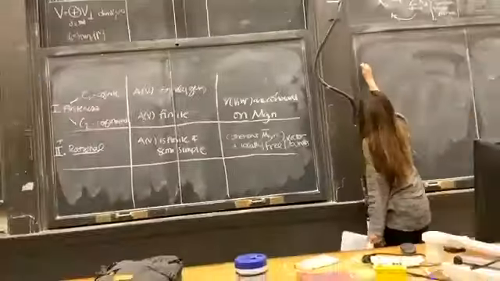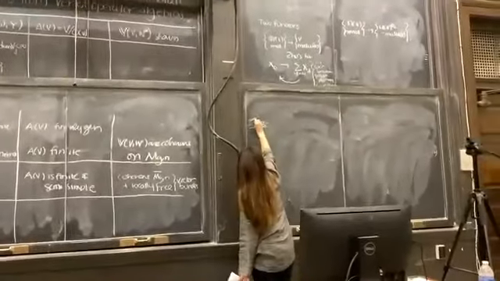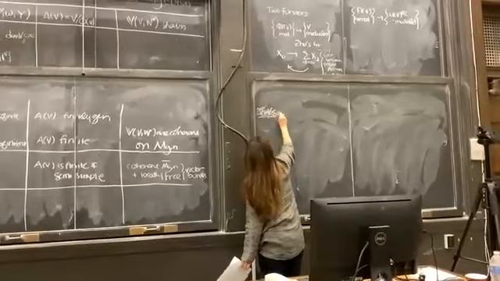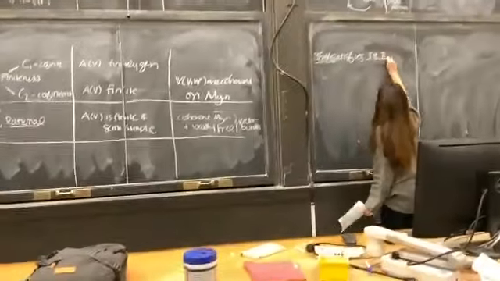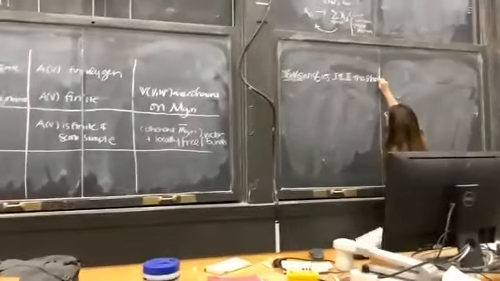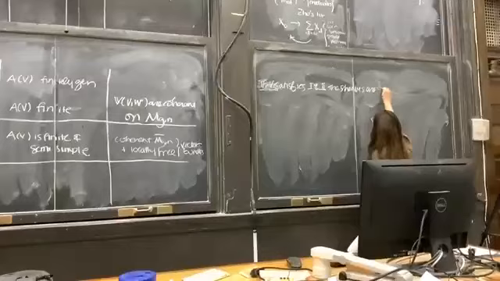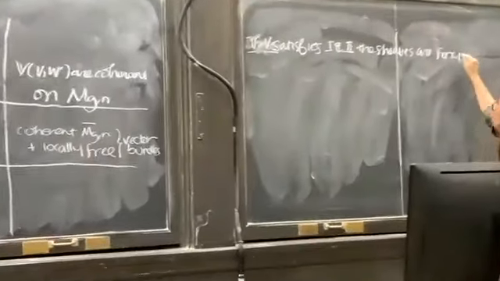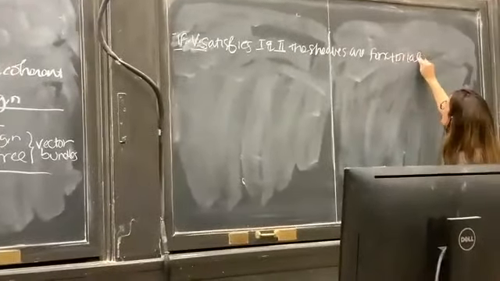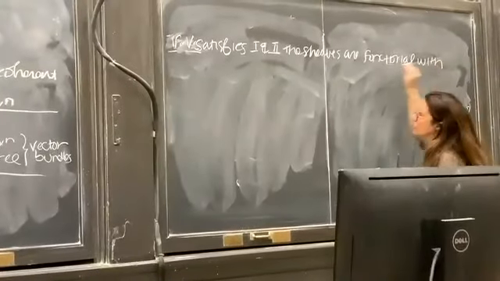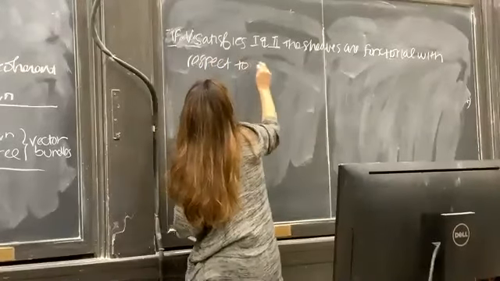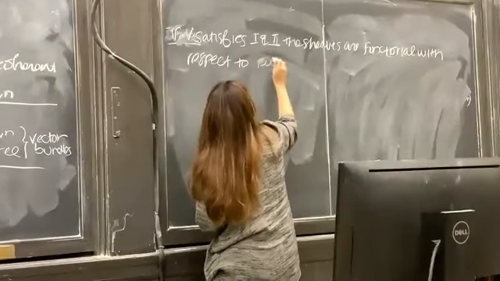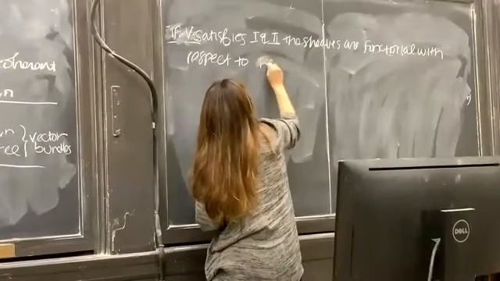So in fact, if V satisfies conditions 1 and 2, then the sheaves are functorial with respect to tautological restriction.